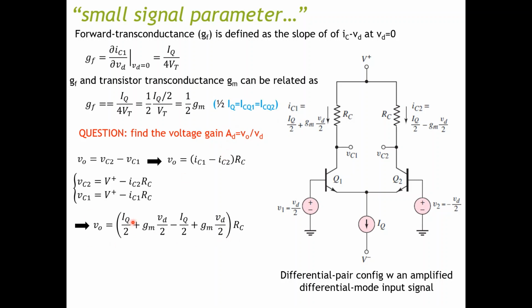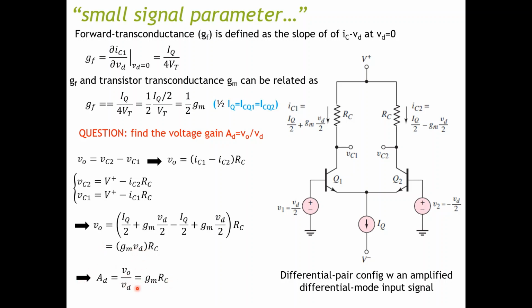In here you can see that IQ over 2 will be cancelled out, and this term and this term add up together, so it will no longer be half. So now you have just a simple term of GM, VD, RC. Okay, almost done. And finally, we can have our voltage gain by dividing both sides by VD.